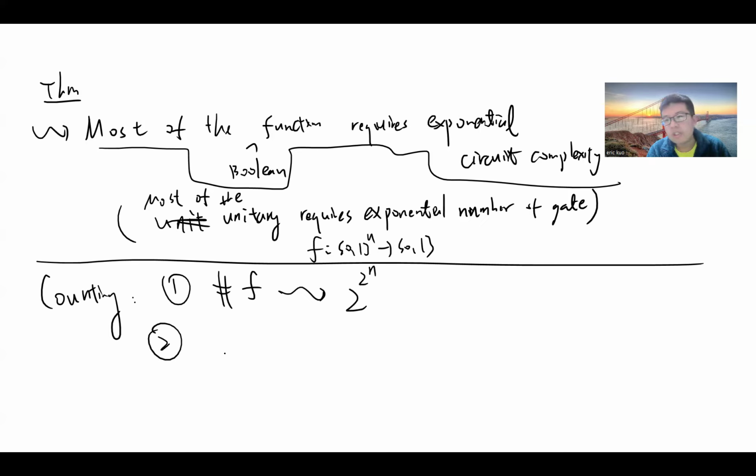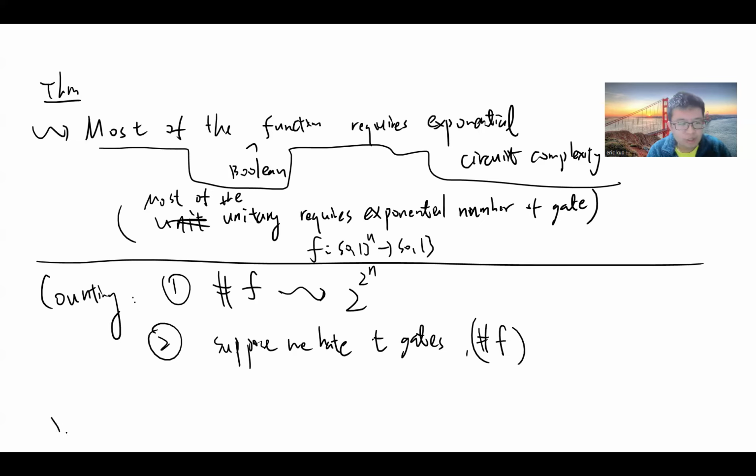Okay. So second, suppose we have t gates, and then we can ask how many functions we can have. We can cheat a little bit.